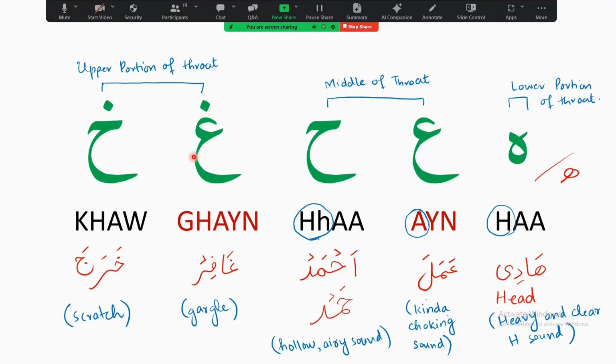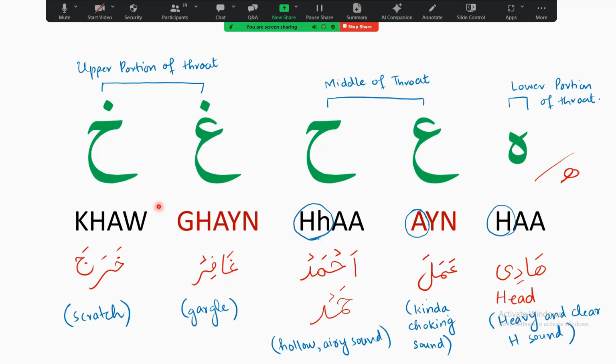Again, the way we make this gargle sound, this has this ghafir, right? Gha sound, this gargle sound, this letter has. And we say ghafir. In the example I have written here, at the start of this word we see the letter ghain with a dot on it and a fatha symbol. So we say ghafir, right?